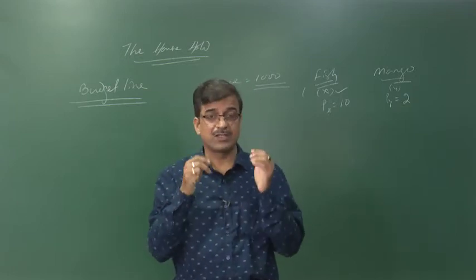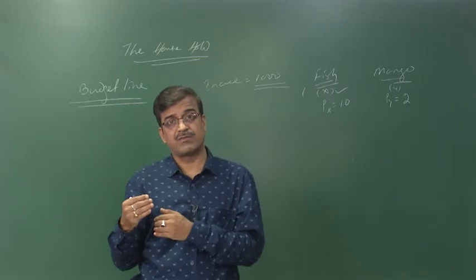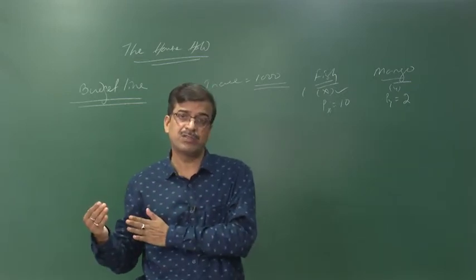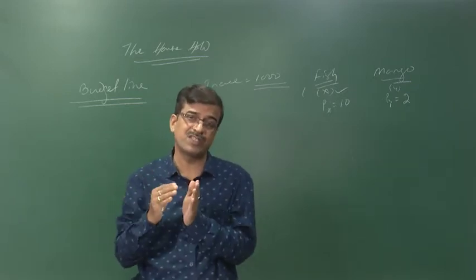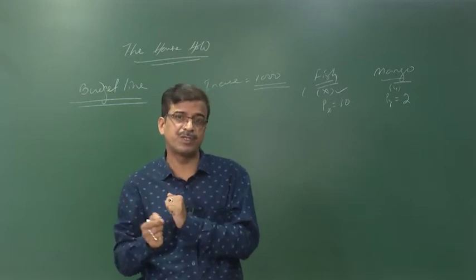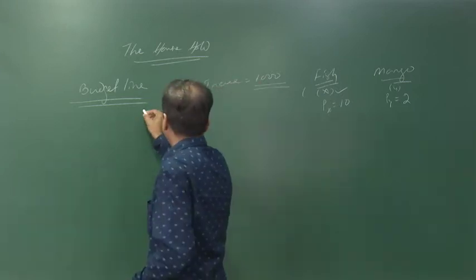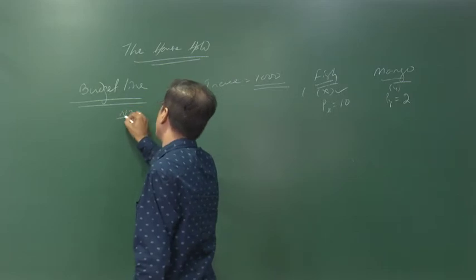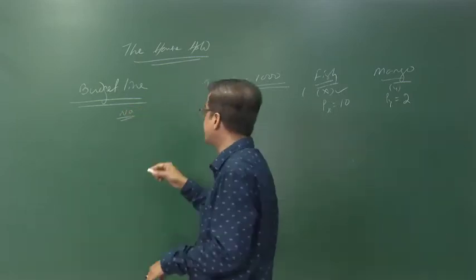How he faces the trade off between the fish as well as the mango, how much fish and how much mango he is going to consume. Let us assume, suppose this is the number of items he is consuming.